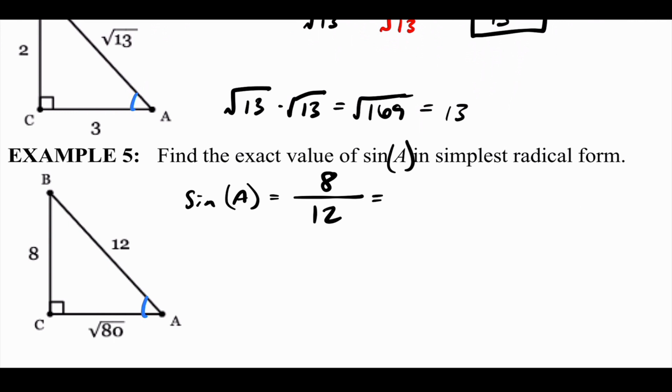No roots. I didn't even have to use root 80. It's better that way. Sometimes you do, sometimes you don't. Reduce the fraction. Divide this by 4 to make 2. Divide this by 4 to make 3. You're done.